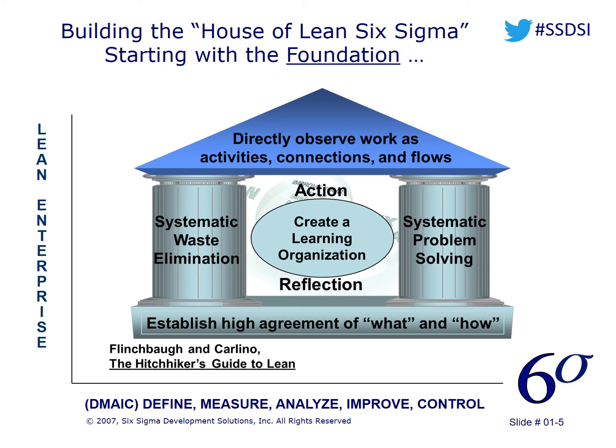The change agents can't make the change. The change agents don't know the process. You know the process. The white belts know the process. They're the process owners. They're the most important people in the room. I call them the PhDs of the process. And those change agents can't do anything without you.